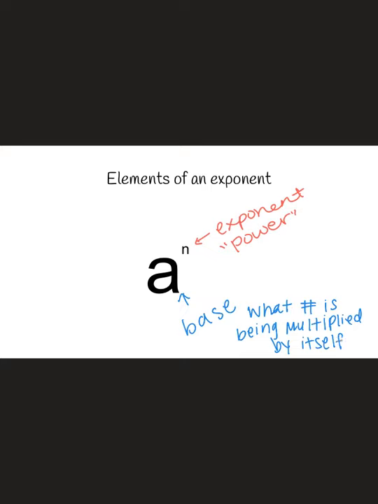It took me a minute. So what number is being multiplied by itself? That is the base. And then the exponent, or the power, tells you how many times you're going to multiply said number. You can take a picture of this, or I suggest copying it down so you can remember it. These are the two elements of our exponent.